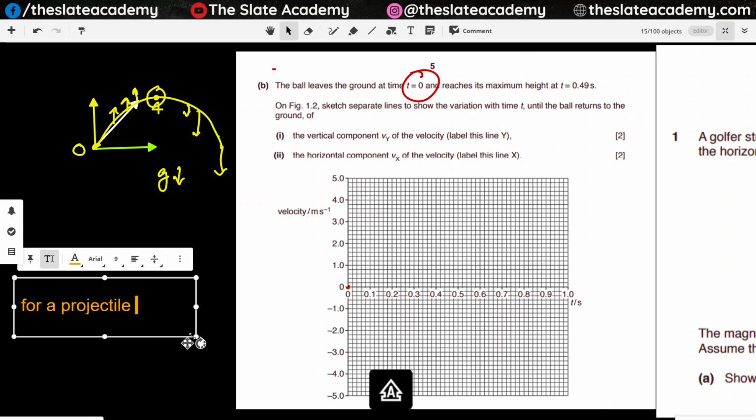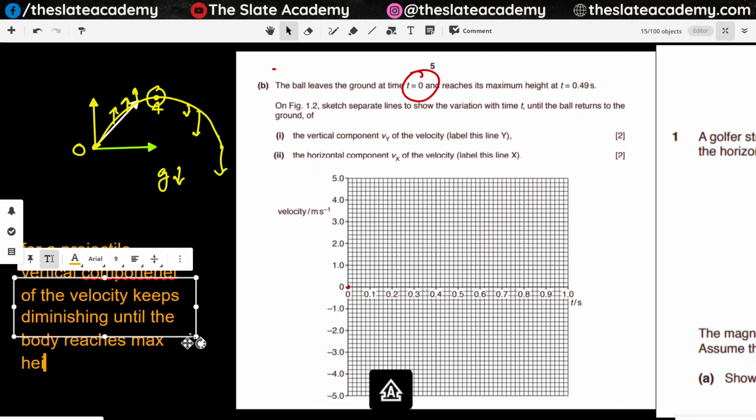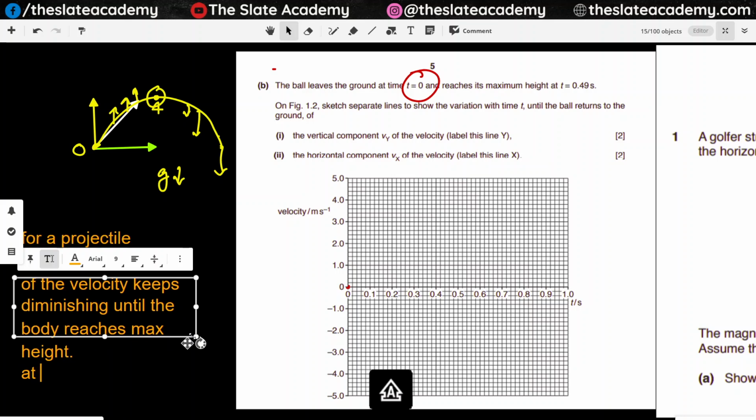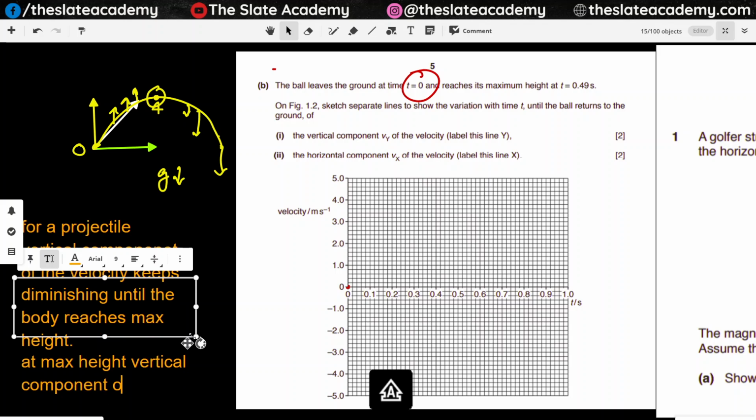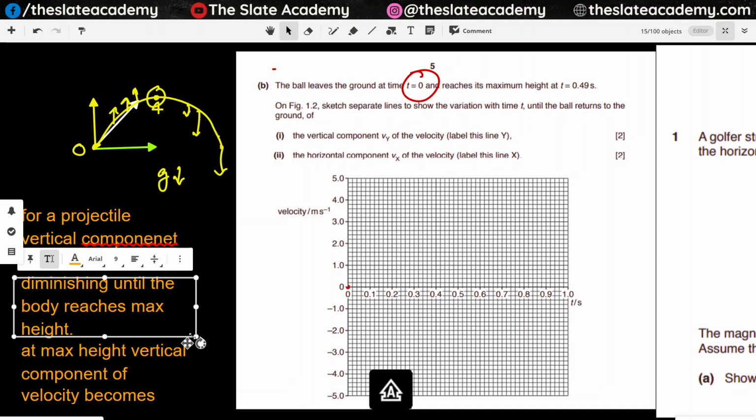At max height, the vertical component of velocity becomes zero.